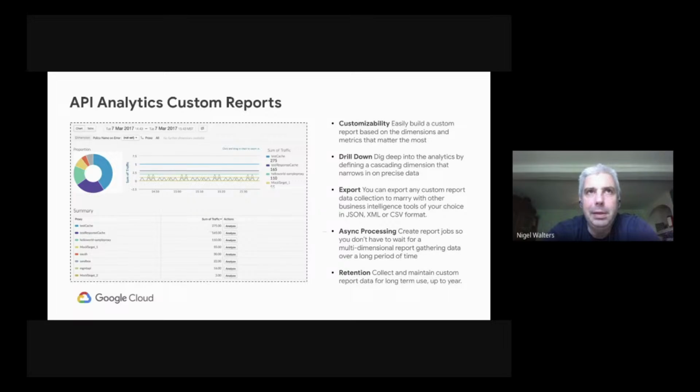We also have the ability for you to generate larger analytics reports using an async processing mechanism. Essentially, you create a report job that's then run asynchronously, and you're able to access that data subsequently.